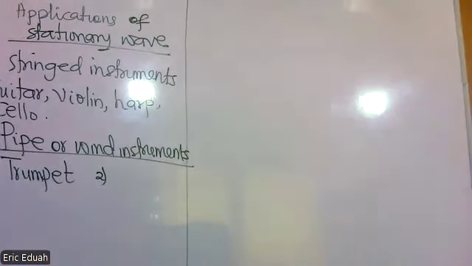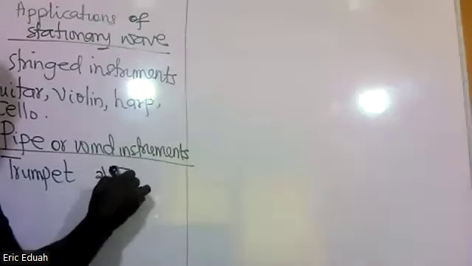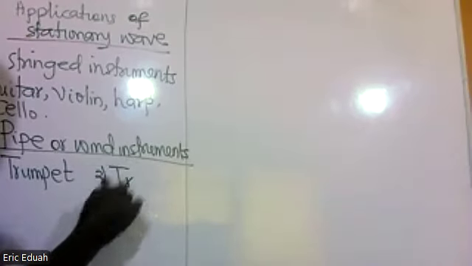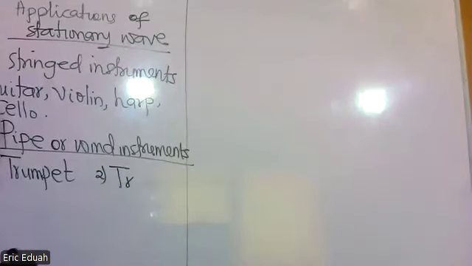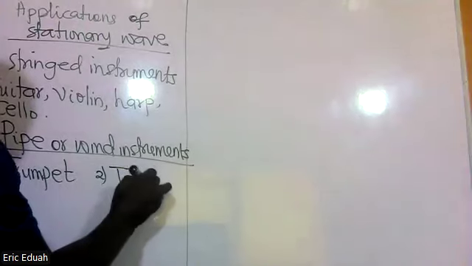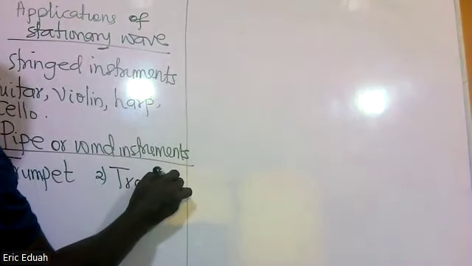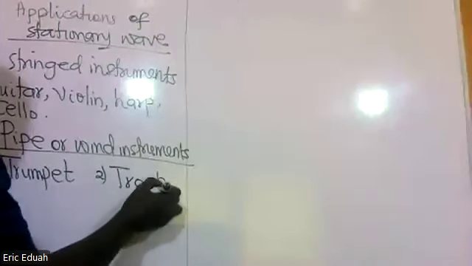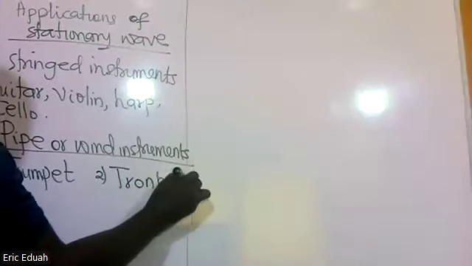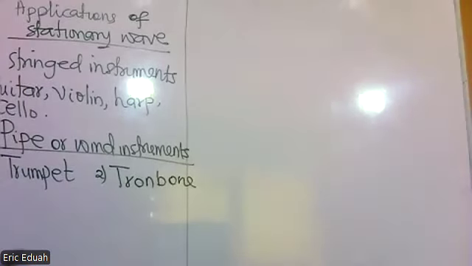Oh, trombone. Hey, trombone, I can spell. Spell for me. T, R, O, M, B, O, N, E. Let's confirm.